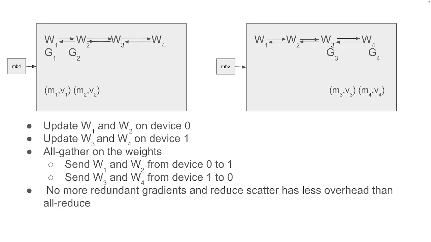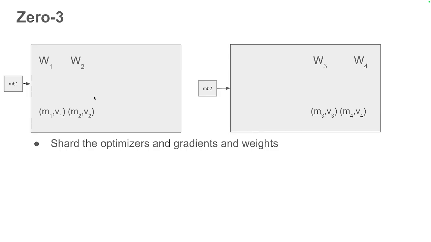we can still go one step more by sharding the weights too. All these GPUs replicate the weights. So now in ZeRO-3 we are also going forward and sharding the weights.